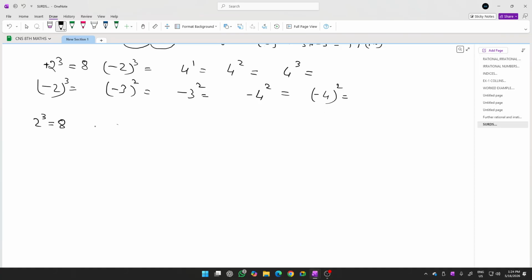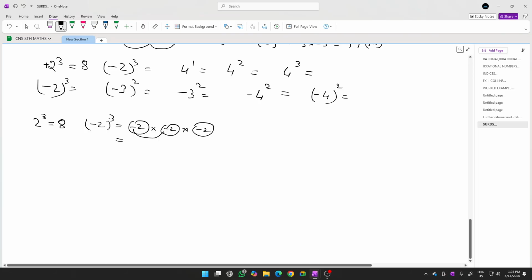But here, minus 2, there's a bracket and then raised to 3. The meaning of this is you have to take this whole minus 2 and multiply it how many times? 3 times. When you are multiplying a number with a negative sign, you multiply the sign first and then the numbers. Minus into minus is plus, and plus into minus is minus.